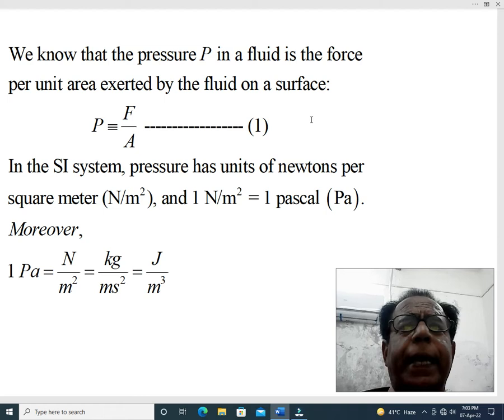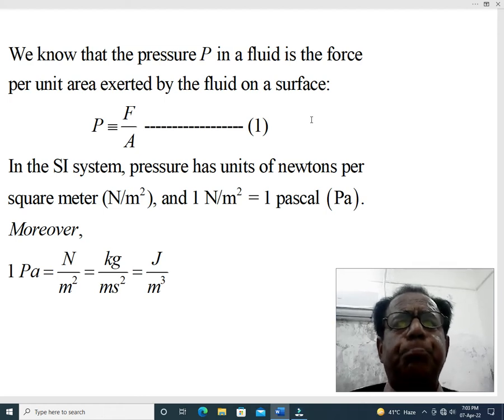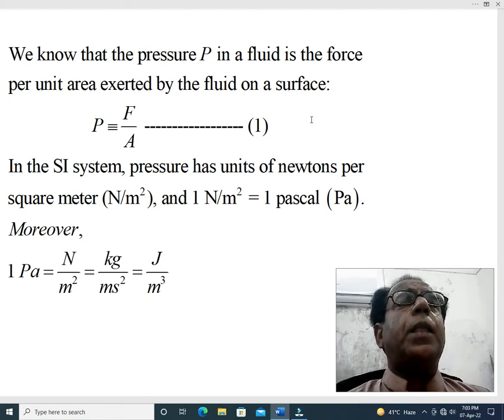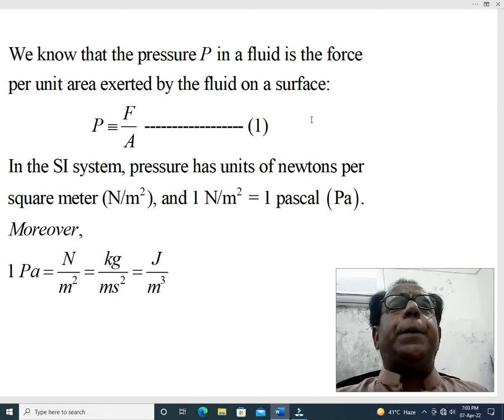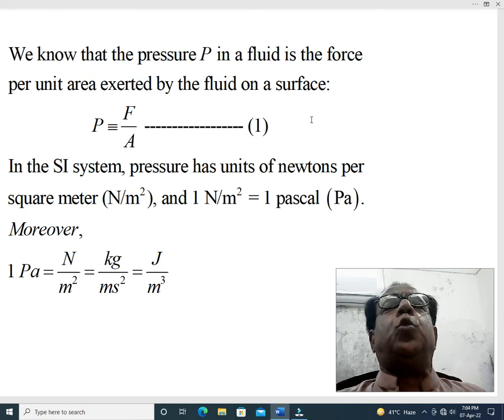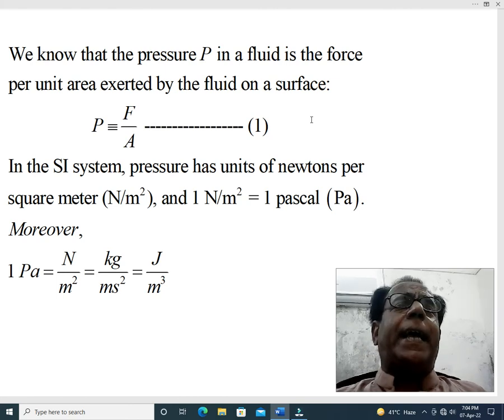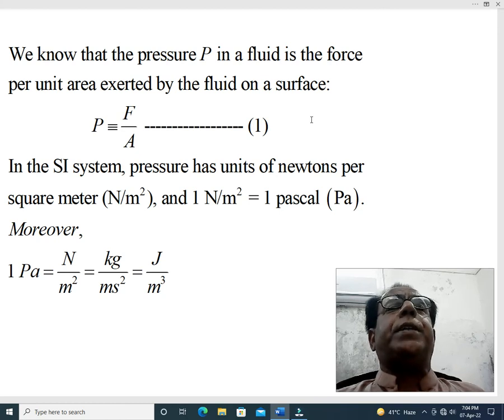We know that the pressure P in a fluid is the force per unit area exerted by the fluid on a surface. That is P, three horizontal parallel lines, which is read as pressure is defined as force over area, force per unit area. Equation number 1.